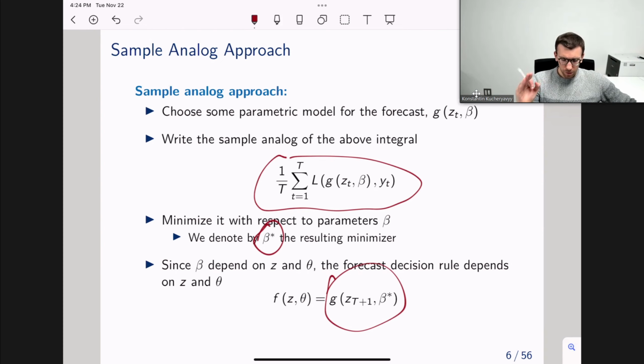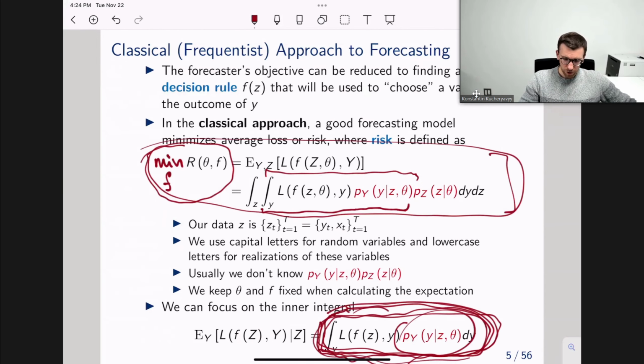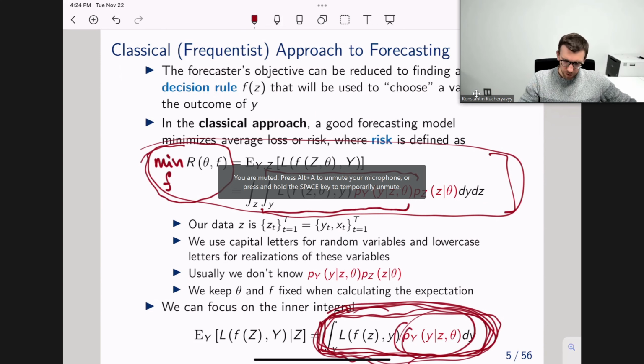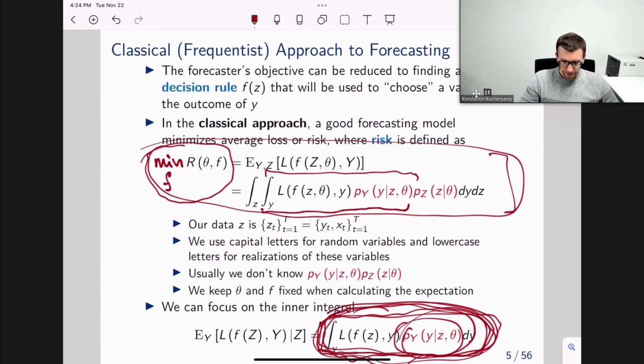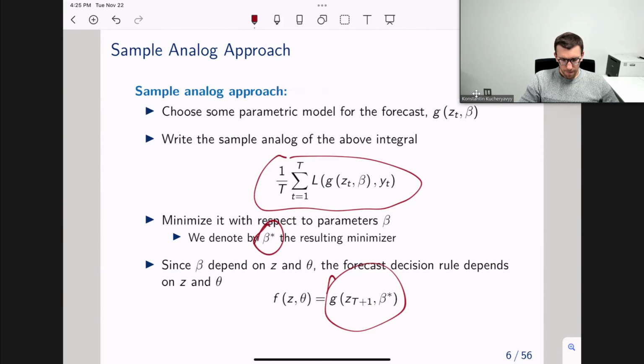If we want to do some statistical analysis of errors or the quality of our model, like using Akaike information criterion or Bayesian information criterion, or any other information criterion, or adjusted R-squared or anything else, we need to go back to this object and understand it, and how our estimate behaves in the population, and how it changes as T changes.